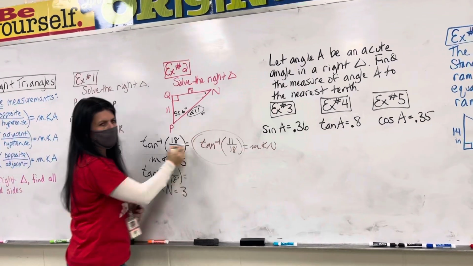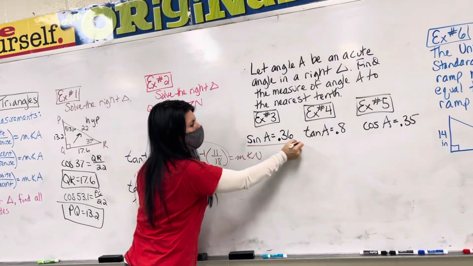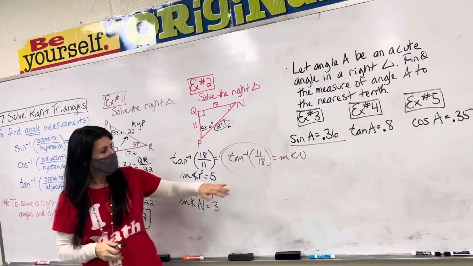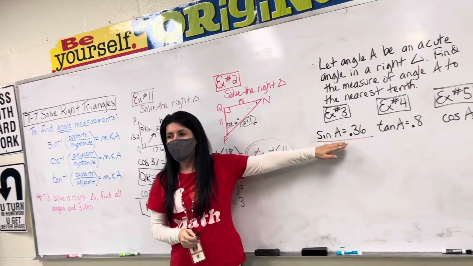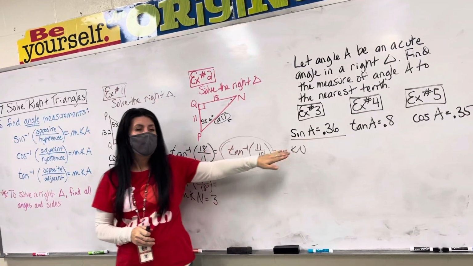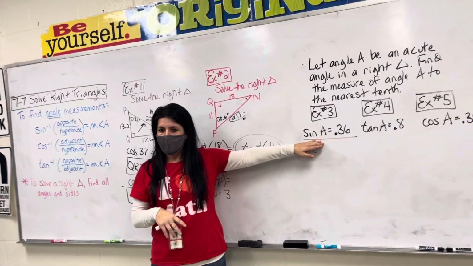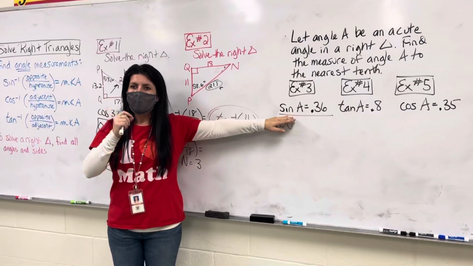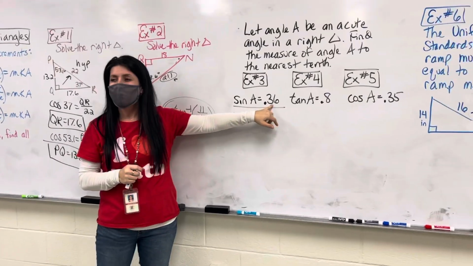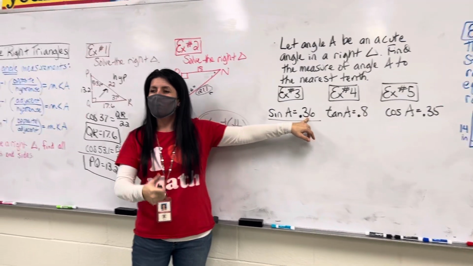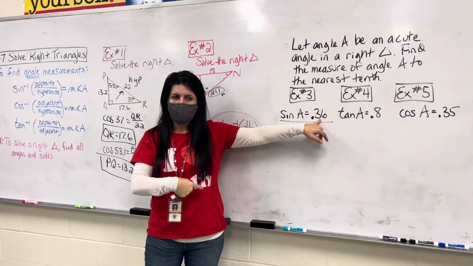This right here is very similar to what we have here. The only difference is instead of a fraction, they're giving you a decimal. So they're telling you that relationship, that in this case it's opposite over hypotenuse. They're telling you the opposite divided by the hypotenuse gives me 0.36. We're going to use our inverse to figure out that measure angle.